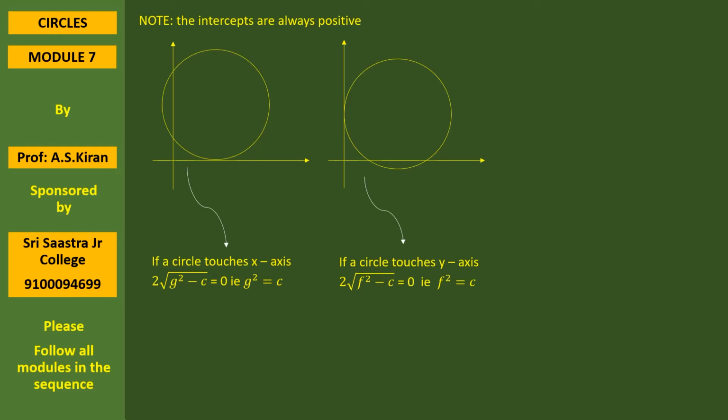What is y-intercept here? 2 root of f square minus c, that is equal to 0. That gives us the condition f square is equal to c.